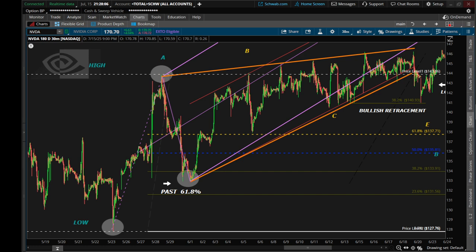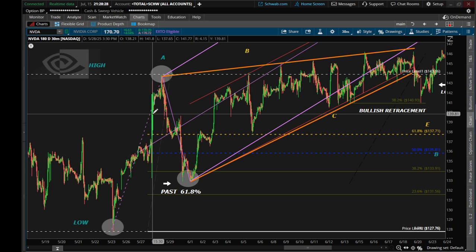I know it's very complicated to look at a whole chart and sit there and try to count waves and measure them, and what I'm doing here is trying to eliminate a lot of that process and make it as easy as possible.